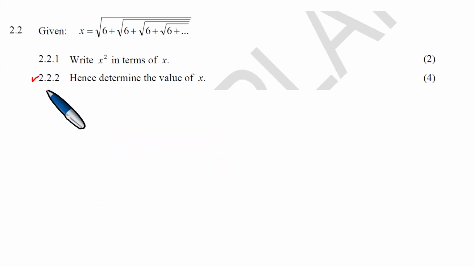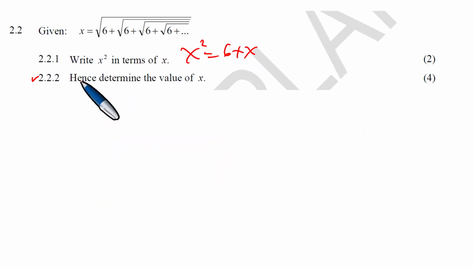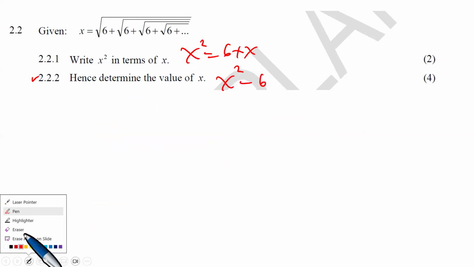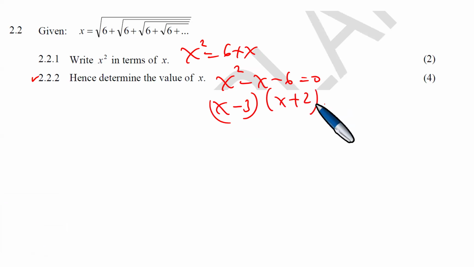In 2.2.2 now, we already know that x squared is 6 plus x. But in the next question, we need to hence determine the value of x, which is x squared minus x minus 6 equals 0. The factors are (x minus 3)(x plus 2) equals 0.